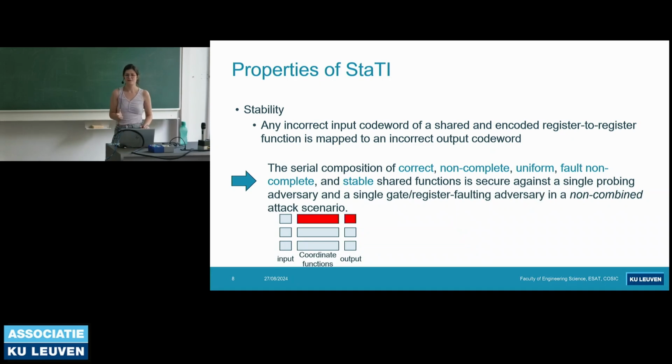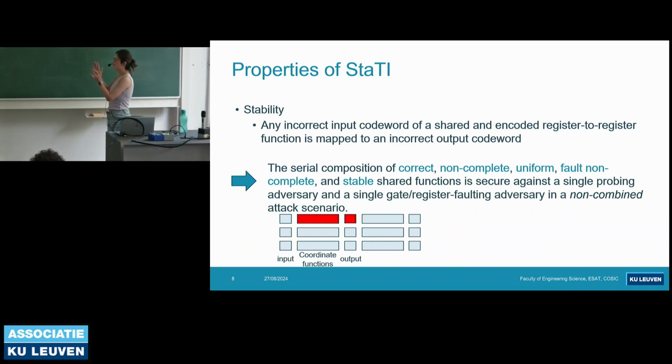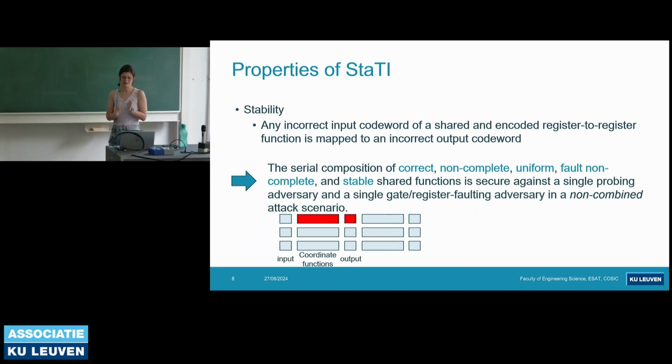If this is the last function of the circuit, then it's quite easy to detect the fault, because the output is obviously incorrect. If this is not the last function, then we have one more function after this faulty one. What happens here is that we have an incorrect input code word, and through stability, we're going to have an incorrect output code word. So this is going to be detected at the last function of the circuit.